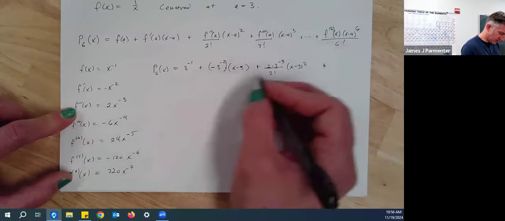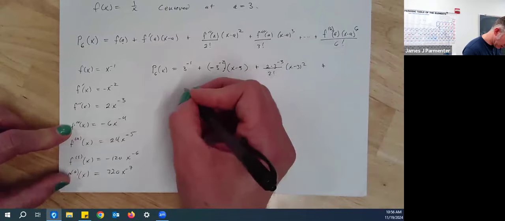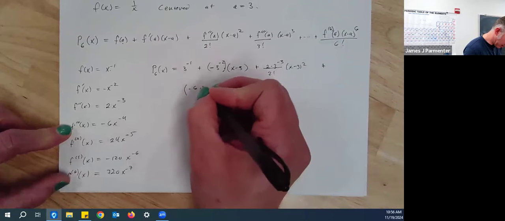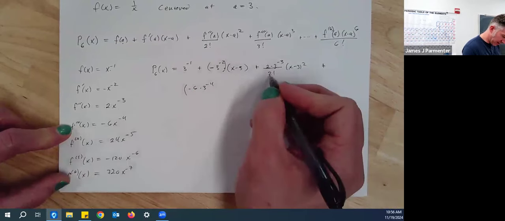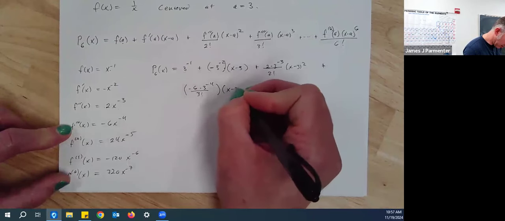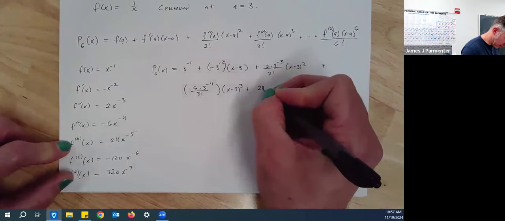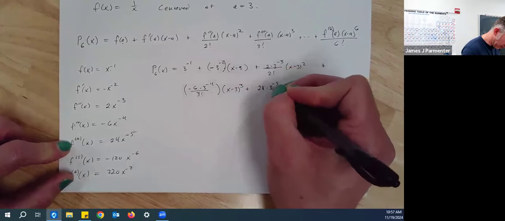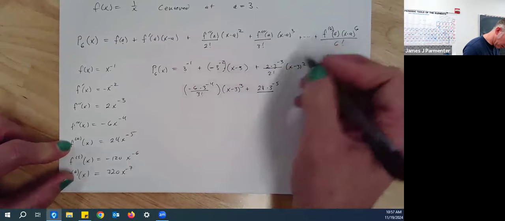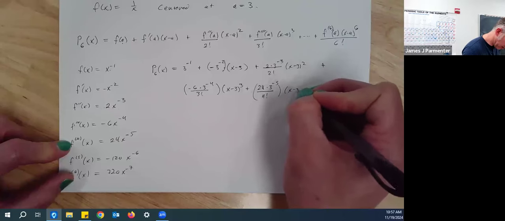So then we have the next term, which is going to be f triple prime of 3, which is going to be negative 6 times 3 to the negative fourth. And then we're going to divide by 3 factorial times x minus 3 to the third. And then the next one, we're going to plug in 3 and get 24 times 3 to the negative fifth divided by 4 factorial times x minus 3 to the fourth.